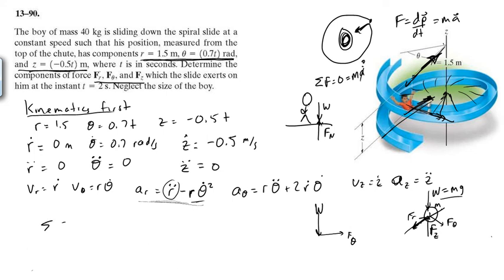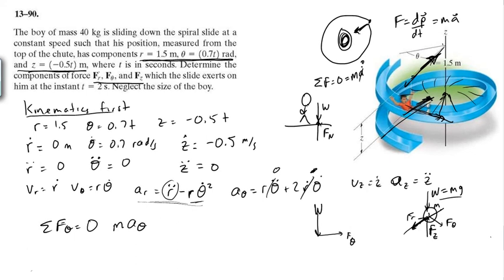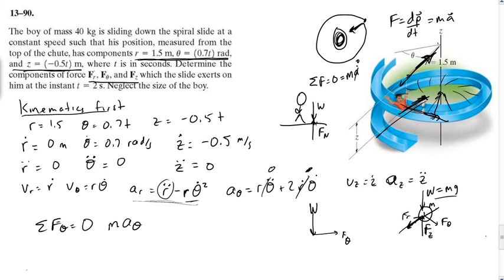So the sum of the forces in the theta direction is equal to 0, and m a theta, this is 0, this is 0, so you just get 0. The force in the theta direction is just 0 that the slide exerts on the boy.